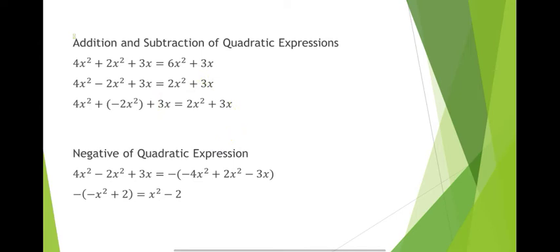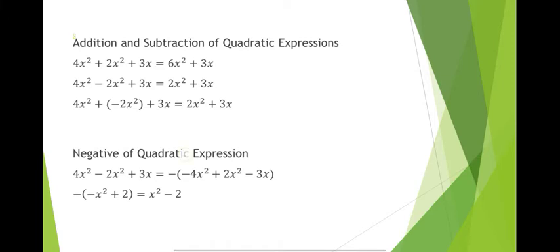And negative of quadratic expressions, for this, we can pull out the negative from the expression. So I have a negative here and I put a bracket, and then all the other things will just change sign.